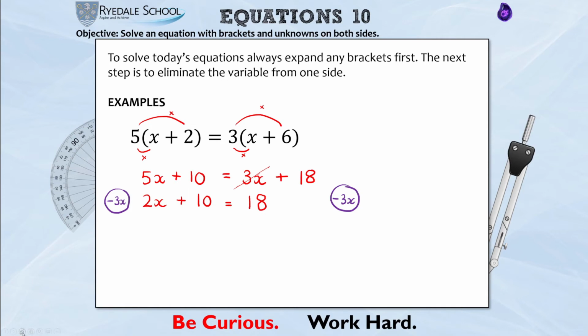What is next? Well, I need to do the inverse of plus 10. So I subtract 10 from both sides. When I subtract 10 from both sides, I end up with 2x's left, and 18 take away 10 leaves 8.